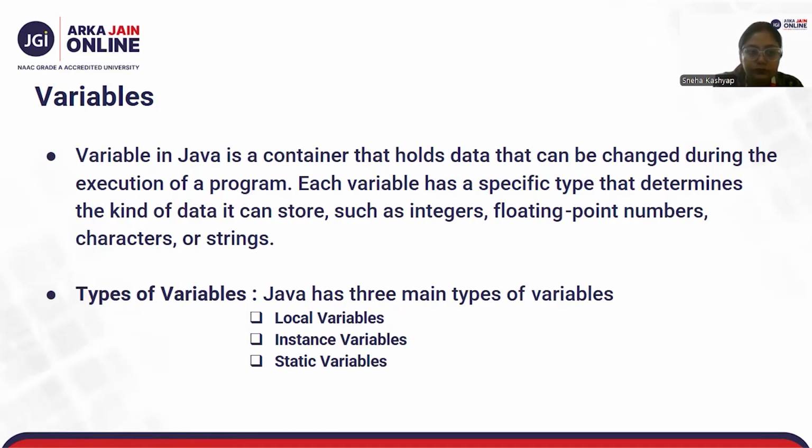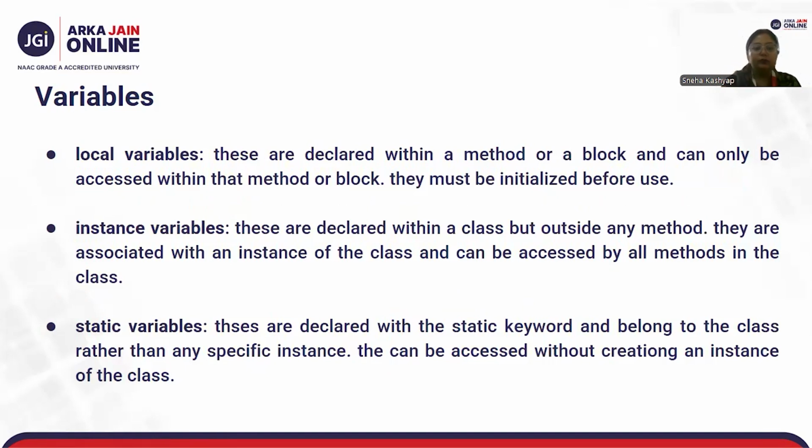Now, let's look into these very clearly. As said earlier, local variables are declared within a method or a block and can only be accessed within that method or block, and must be initialized before use. Instance variables are declared within the class but outside any method.